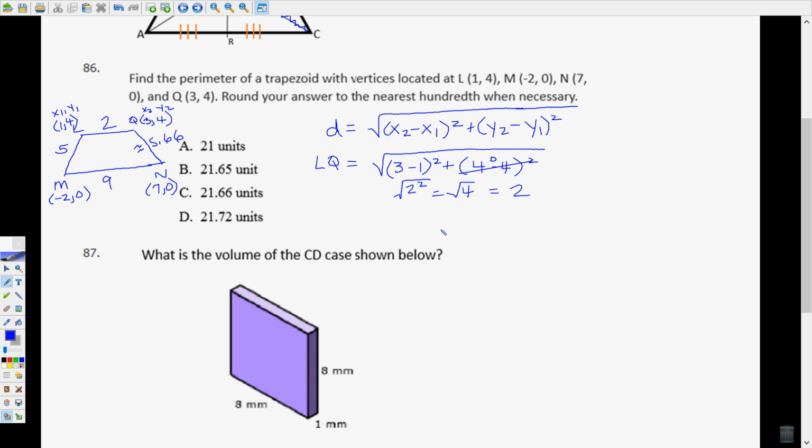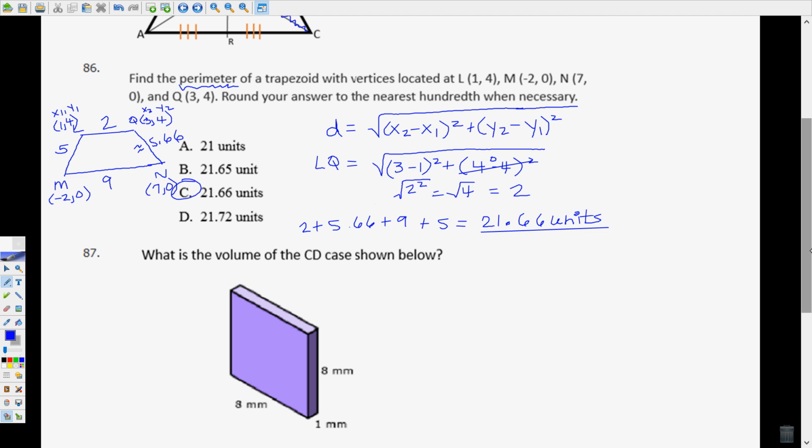And then it says to find the perimeter. So go back and reread your question. You're being asked to find the perimeter of the trapezoid. So you just add those numbers together, 2 plus 5.66 plus 9 plus 5. So 21.66 units would be your perimeter here.